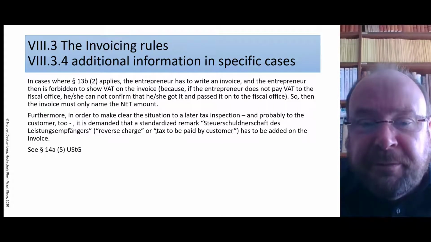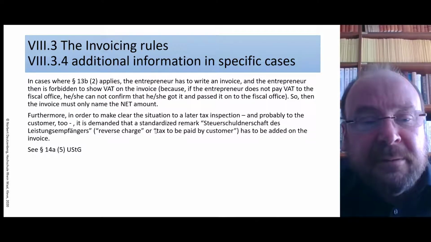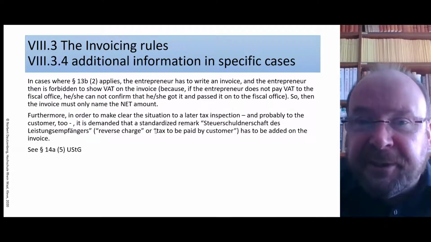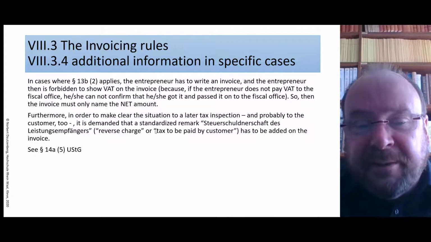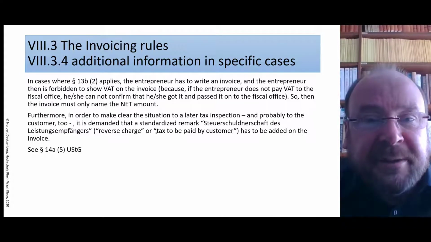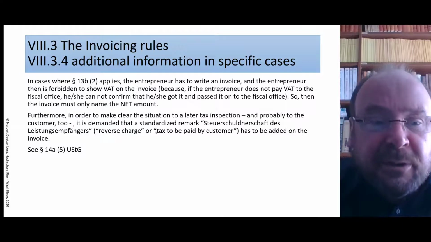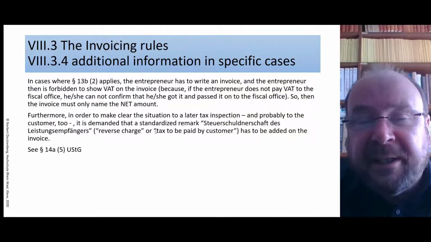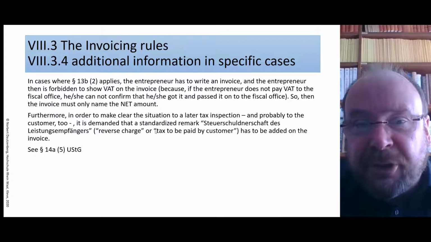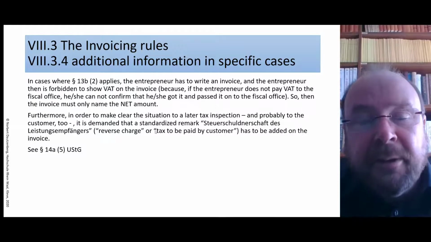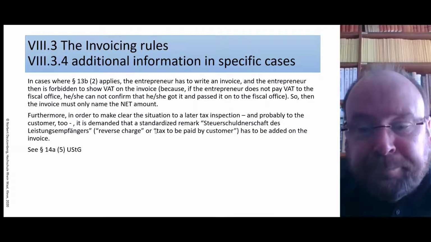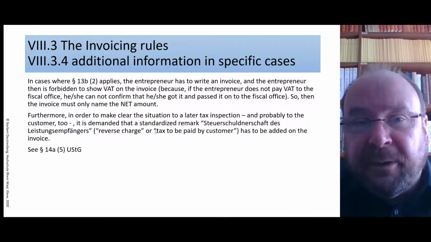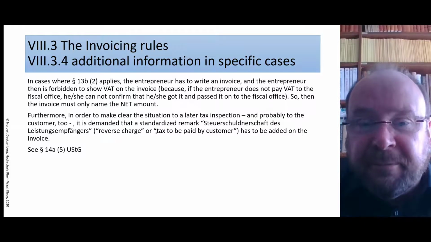So to avoid confusion, you are required in such cases to make a printed hint on the invoice which says Steuerschuldnerschaft des Leistungsempfängers, which has the same meaning as reverse charge case, or tax to be paid by you, the customer, yourself. And that must be added on the invoice. The legal rule for that is in 14a5.